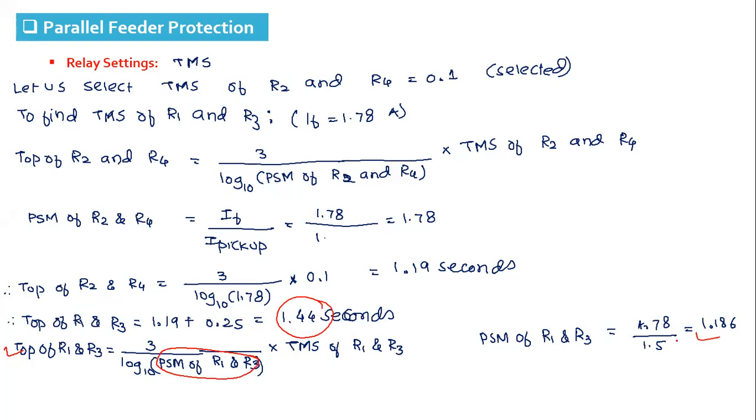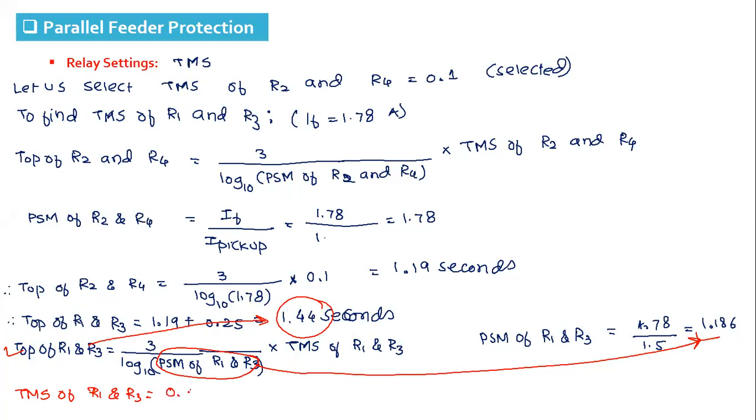Here you can see. Okay. And from there, you can find the TMS of R1 and R3. So TMS of R1 and R3, that will come if you select it finally. That will also come 0.1.